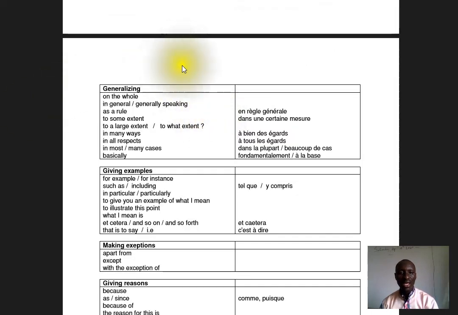Generalize: if you want to generalize something, on the whole, generally speaking, as a rule, to some extent, to a large extent, in many ways, in all respects, à tous les égards, in most cases, dans la plupart des cas, in many cases, dans beaucoup de cas, basically, fondamentalement, or à la base in French.